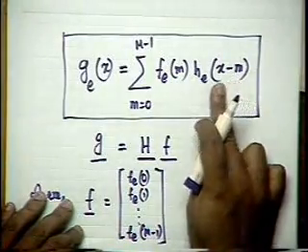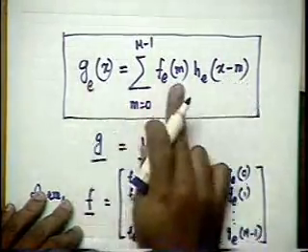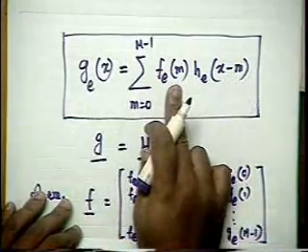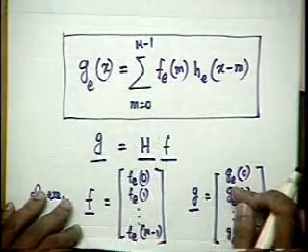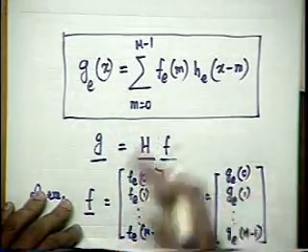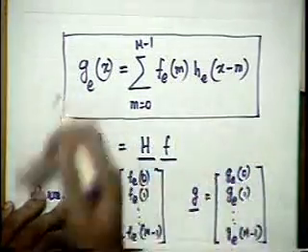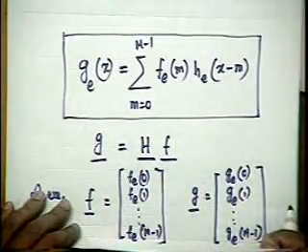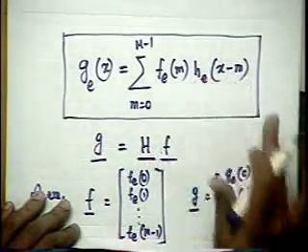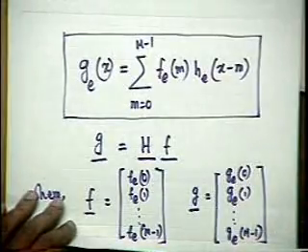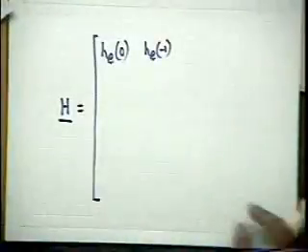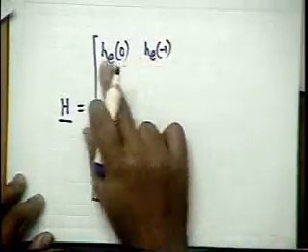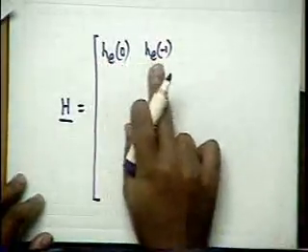The one-dimensional function is f(x), and its corresponding degraded function is g(x). Rather, the extended function is f_e(x), and the extended degraded function is g_e(x). So it is h_e(x minus m), with only one argument in terms of x. So the elements of this H matrix for the first row will be h_e(-1).